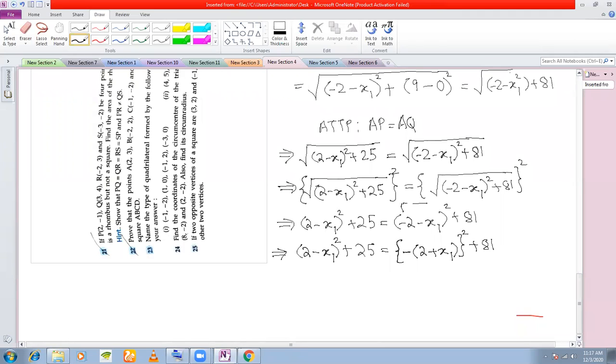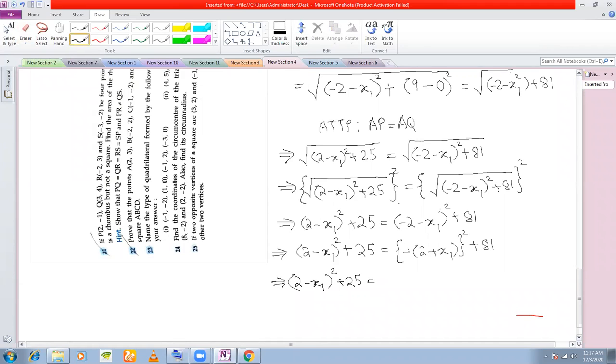You can expand here also, no problem. I'm not saying that you cannot expand here. You can expand at this step also. I don't have any problem. But this is a step that I am showing because those of you who want to take up mathematics later on, this step will come very frequently. So now 2 minus x1 whole square plus 25.